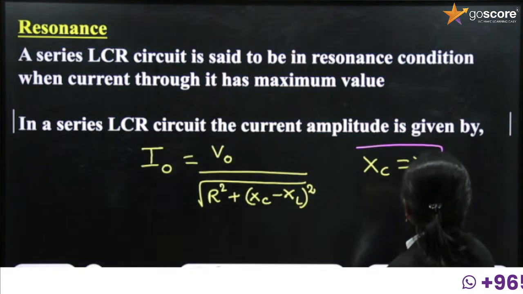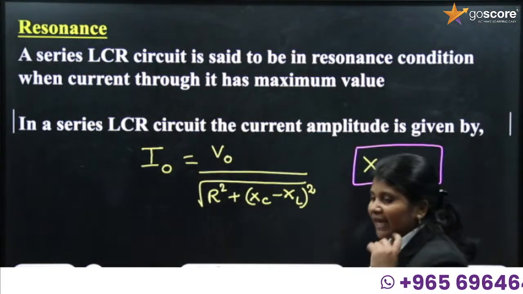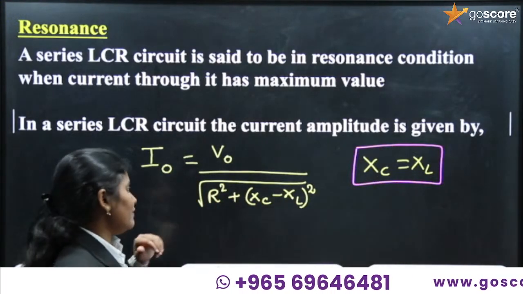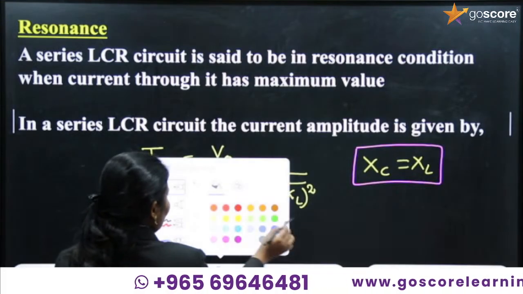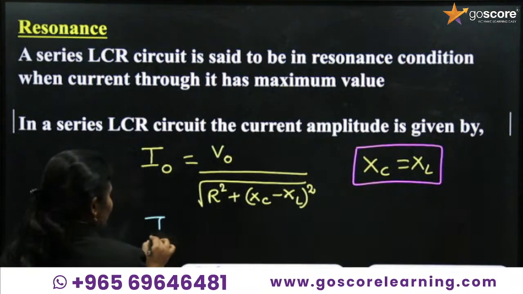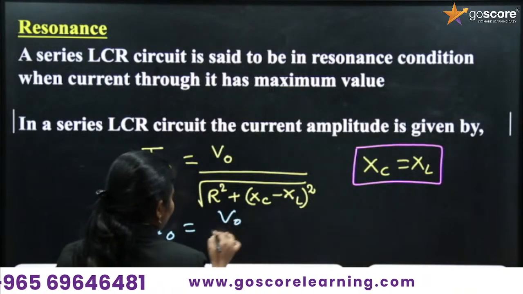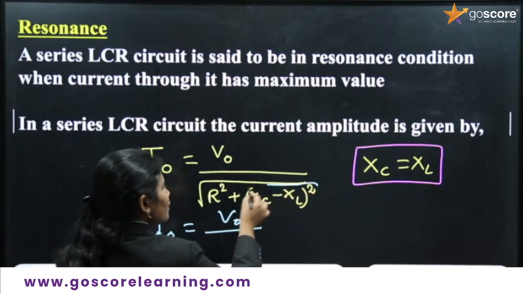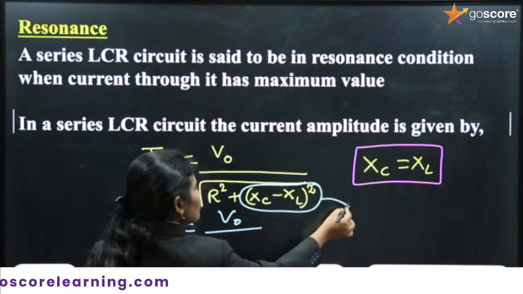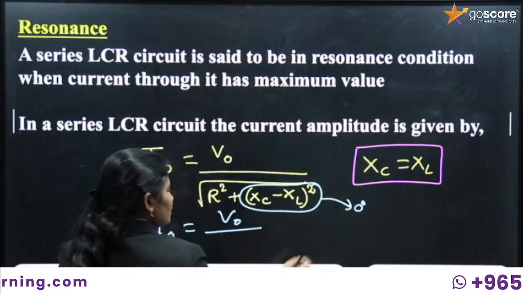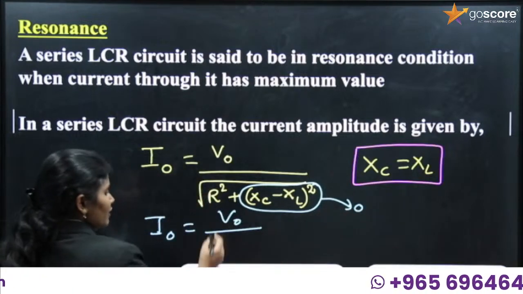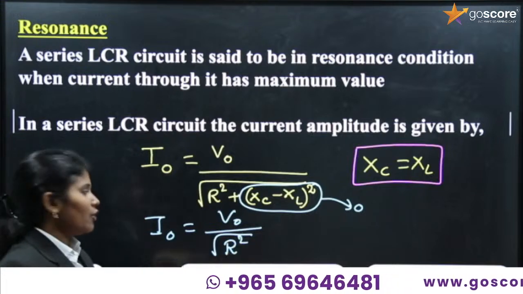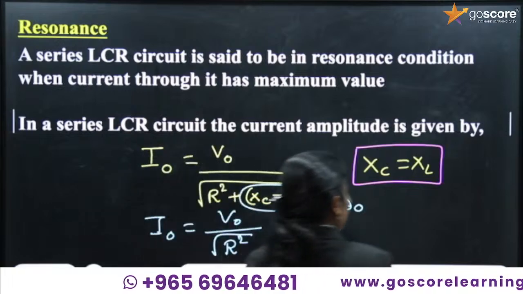This is what we call the resonance condition. How? I will explain. Here I naught is equal to V naught by, where Xc minus XL are both equal, so this total value will be 0. Then finally we get I naught is equal to V naught by R.